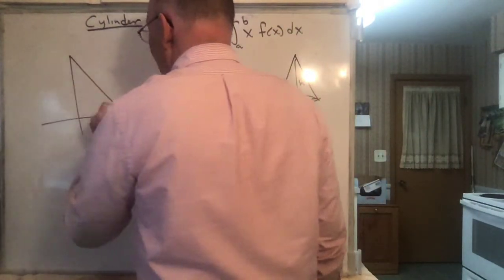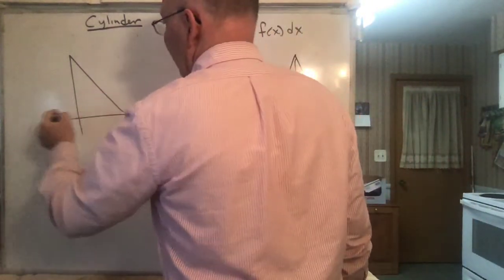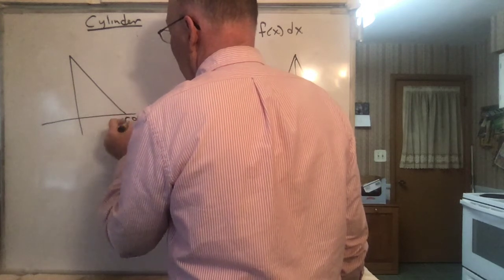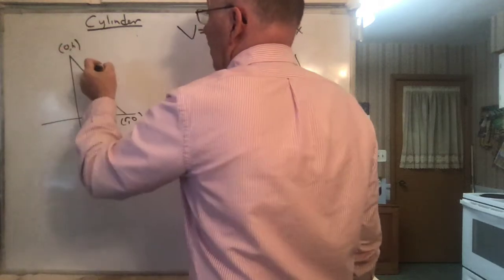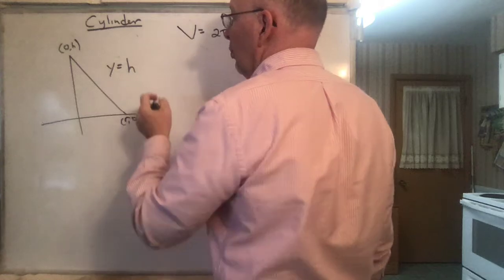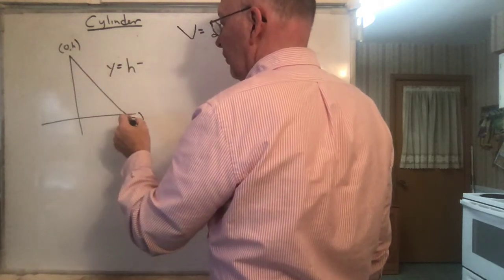So here's what you want, something like this. And so we're going to take this all the way around. This is going to be your r right here. This is going to be 0, h right there. So the equation of that line is going to be h, and then the slope of it is going to be, there's your y-intercept. The slope is going to be what?